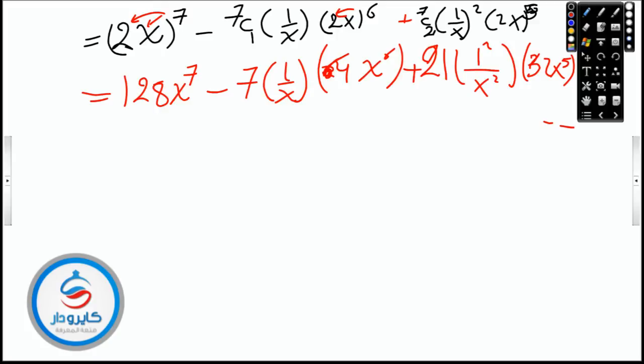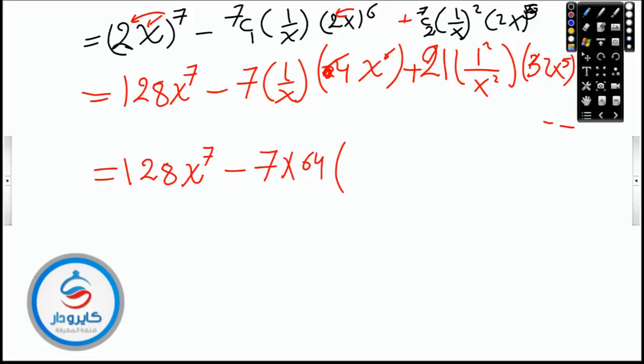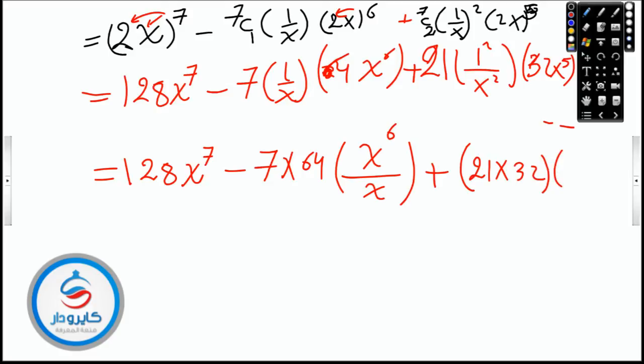So we have to make more simplification. So it will be 128 x power of 7 minus 7 times 64. Get the similar terms together. So we have x power of 6 over x plus 21 times 32 and x power of 5 over x power of 2 and so on.